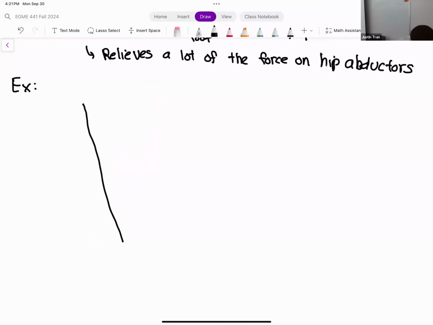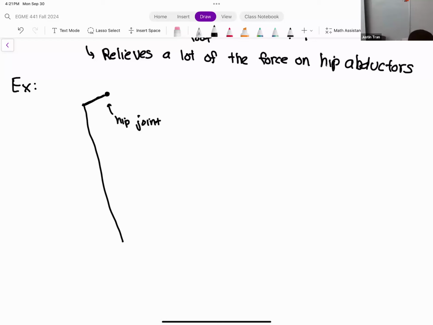Okay, so here is our leg. Right here will be our hip joint. The hip joint is always a little bit of a strange joint to do calculations on because it is offset from the end of the femur because the femoral head is so big, right?